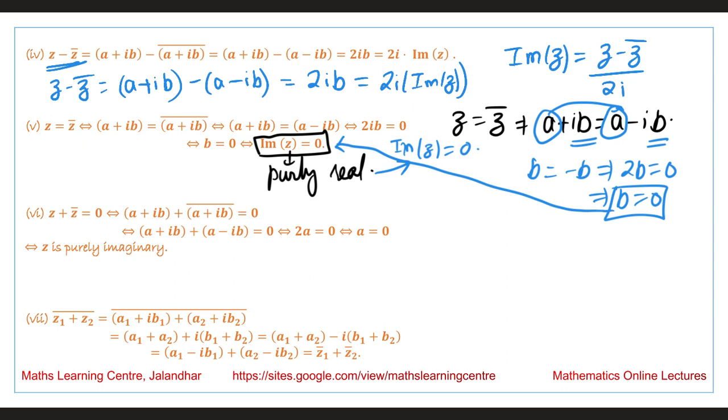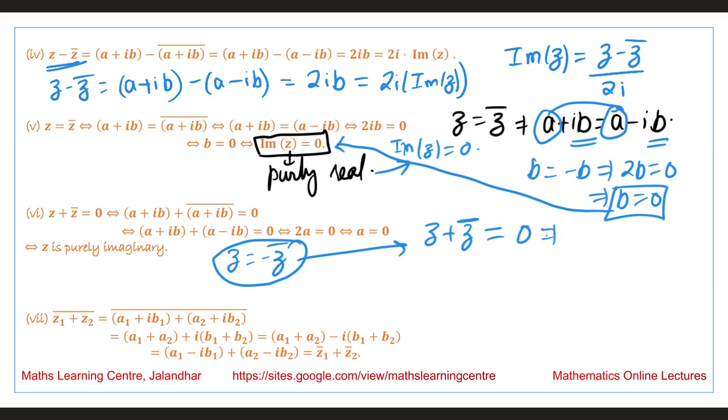Next we calculate z plus z bar, and suppose this value is equal to 0. In this case z is equal to minus z bar. So z plus z bar is equal to 0 implies a plus iota b plus a minus iota b is equal to 0, so a is equal to 0.